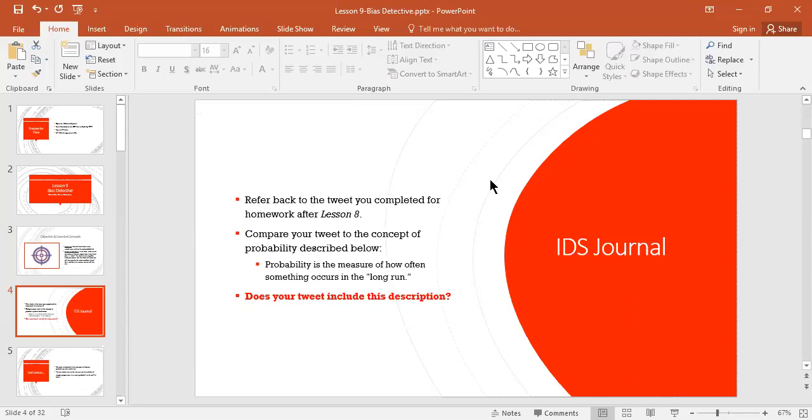And if you did include something like this, then make sure that this statement is written down in your journal at the very least. Okay, so you might want to add this to your tweet, or at least to your journal.